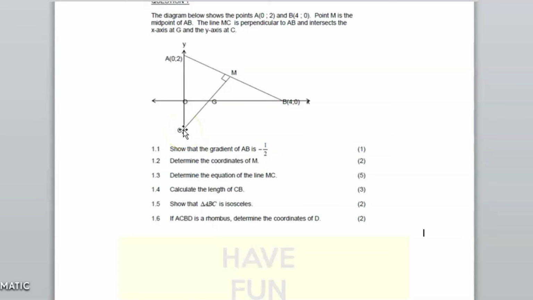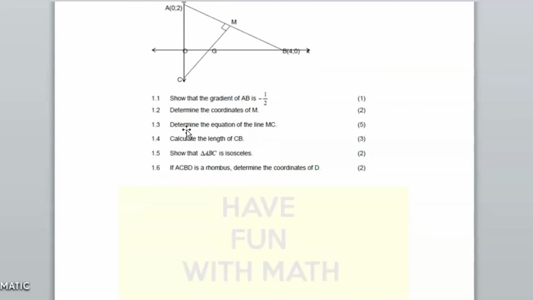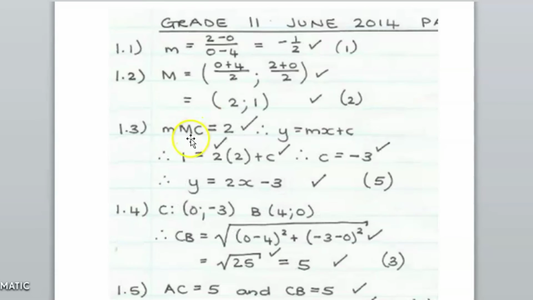For point C, we only have the y-intercept. So x is 0. From the equation that you have found of the line CM, you make x 0 and then find y. In this case, your y will be -3. Hence, the point C is (0, -3). And B is (4, 0).